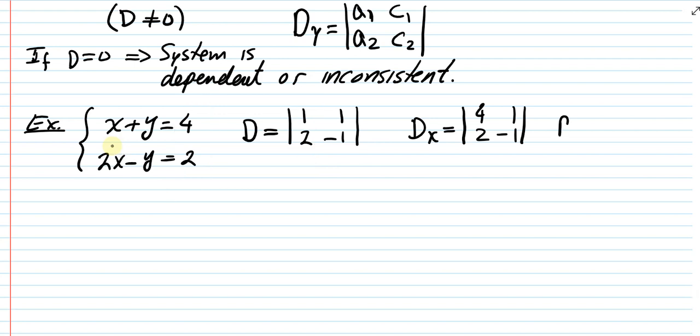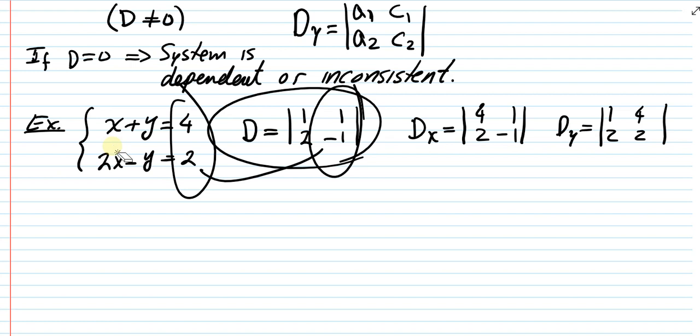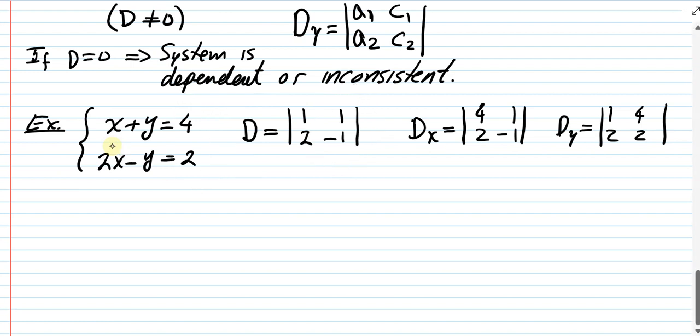And what about Dy? For Dy, you look at D, keep the x column, throw away the y column, and replace it by 4, 2 in there. And now I have my D, Dx, Dy.